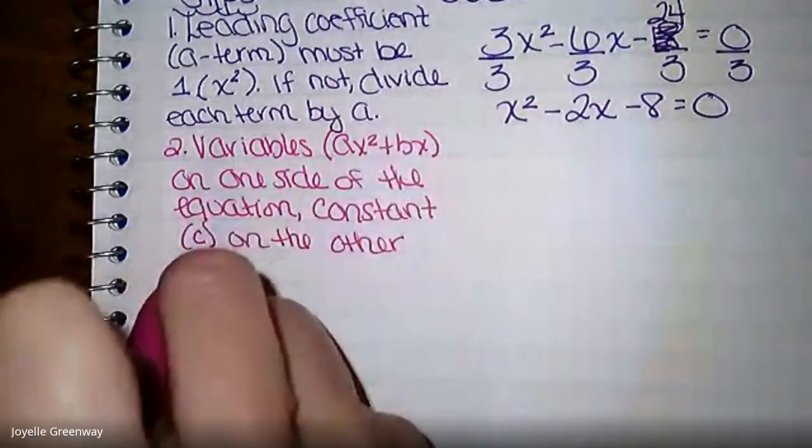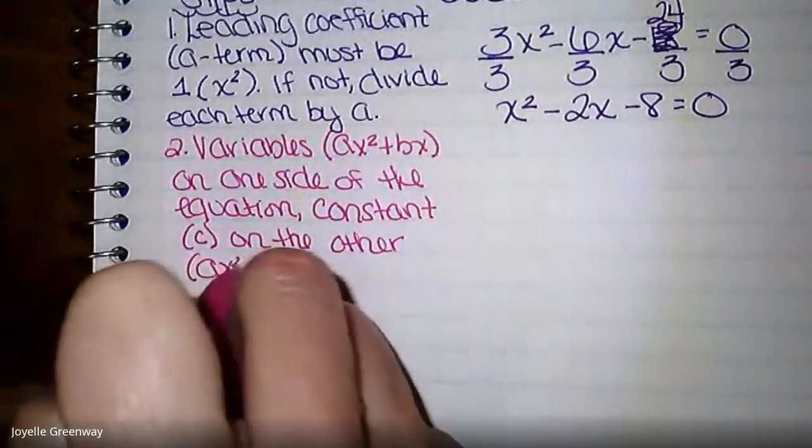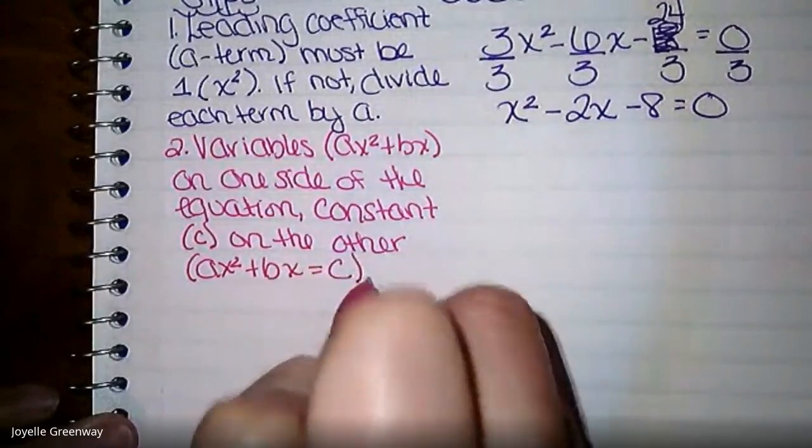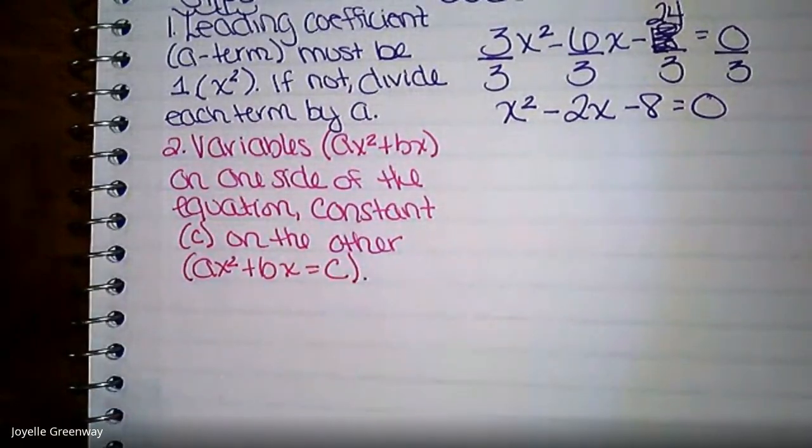So you want that to look like ax squared plus bx equals c. That's what you want to do, okay?